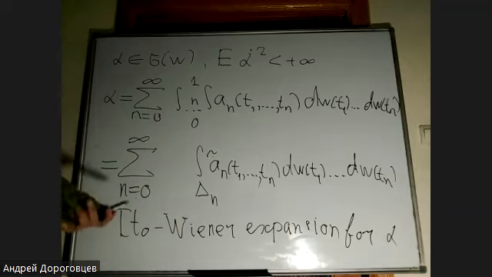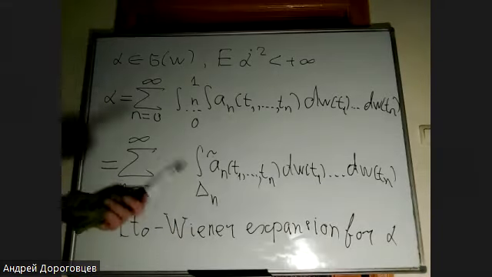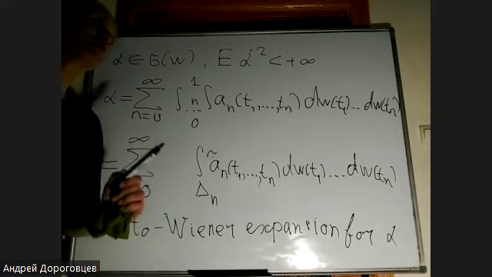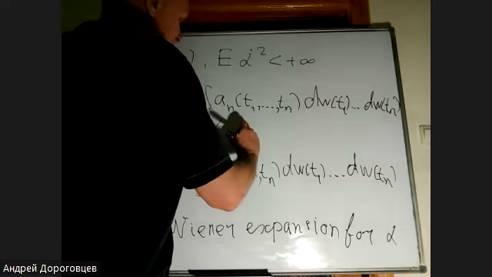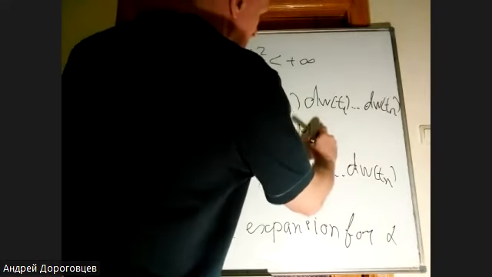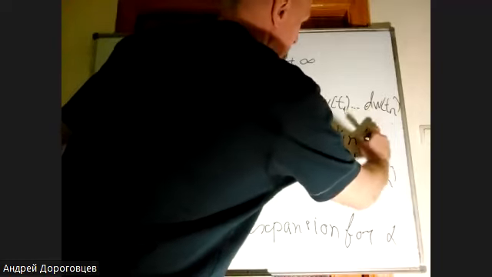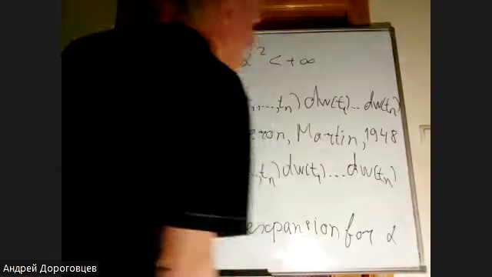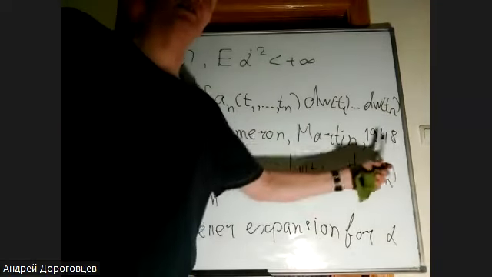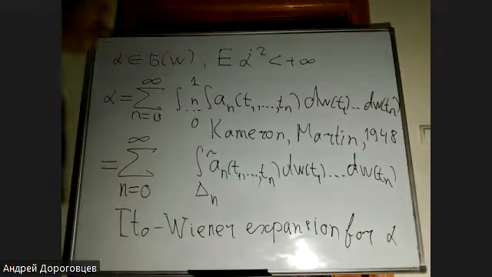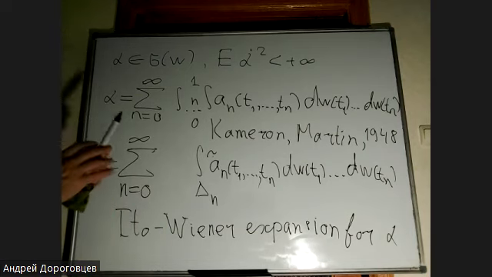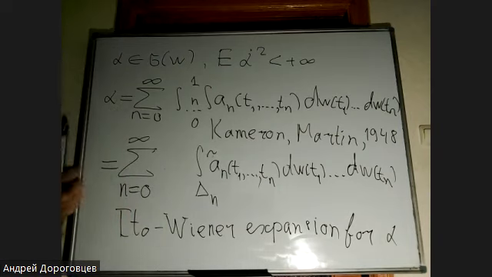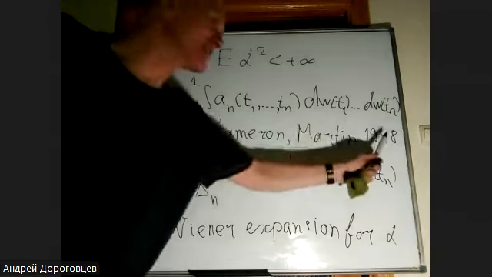It must be said that despite this name, which came from probability, this expansion was first written by the authors Cameron and Martin. As I remember, it was 1948 or 1947, I don't remember exactly which. They worked purely in functional analysis, so they did not discuss the Ito formula or any Ito integral, because the Ito integral was defined slightly later.